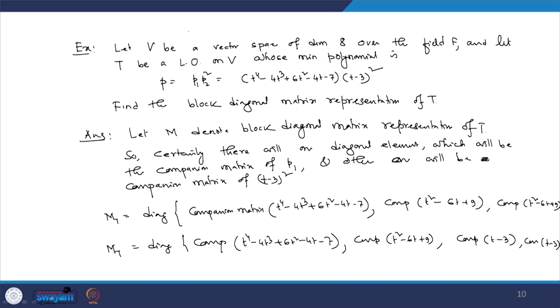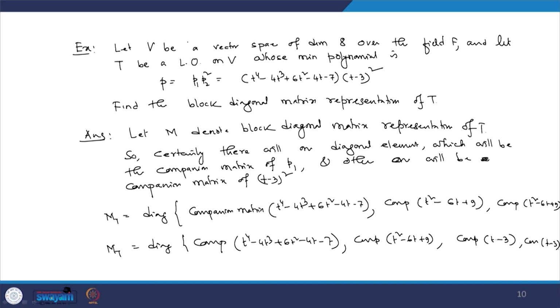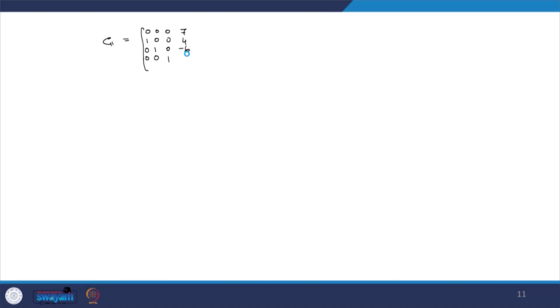So, if I consider C11, because you will have only one term, this is basically 0 1 0 0, then 0 0 1 0, 0 0 0 1, and then minus minus 7, minus minus 4, so plus 7, plus 4, minus 6 and plus 4.